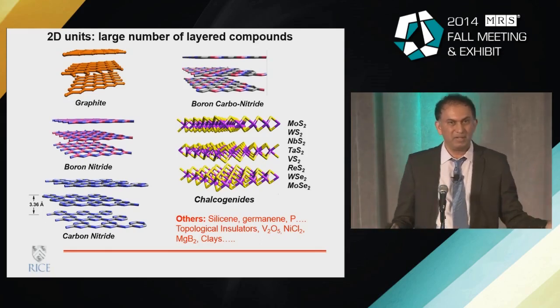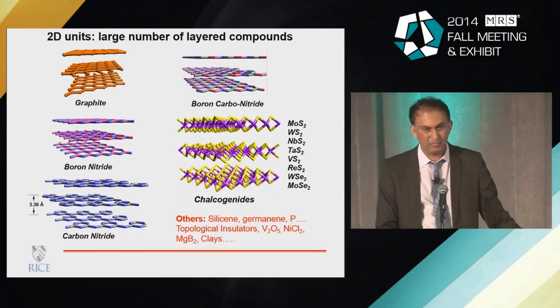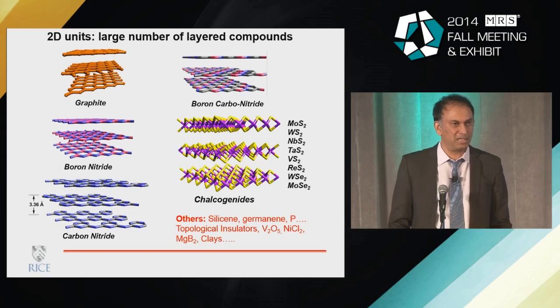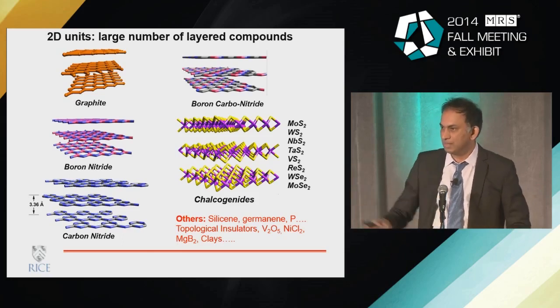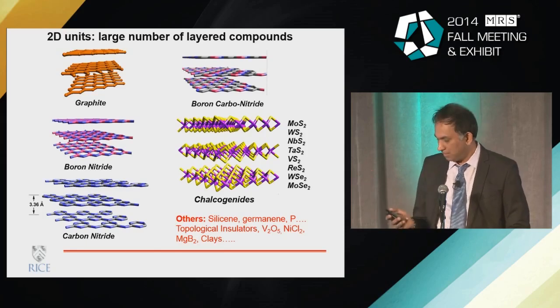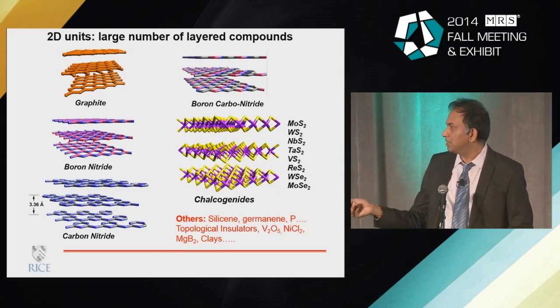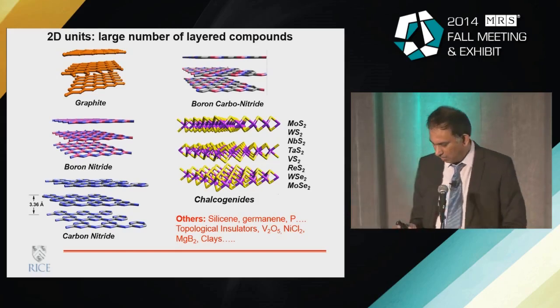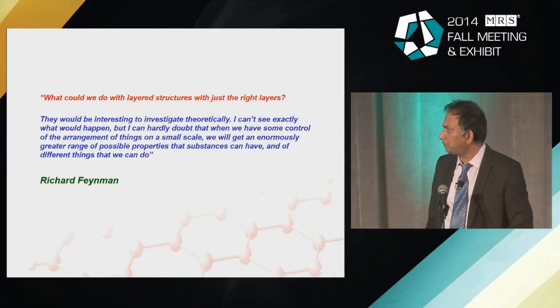But now the field is slightly different in the sense that we are trying to create new types of layered structures, starting with some of these units that you could pick and choose from this set of materials. And of course, there are also some materials like borocarbon nitrides that have been less known, but there's a lot of possibility in there as well.